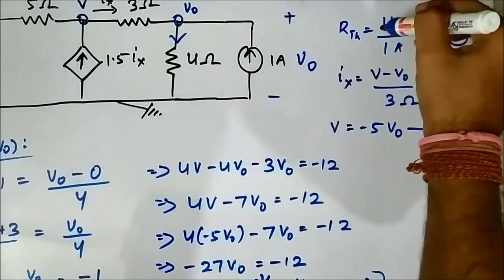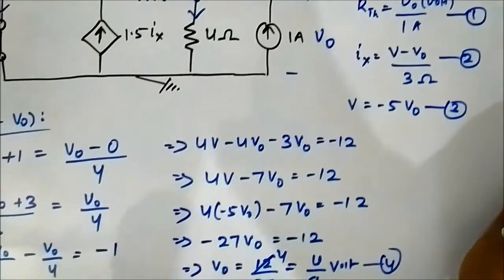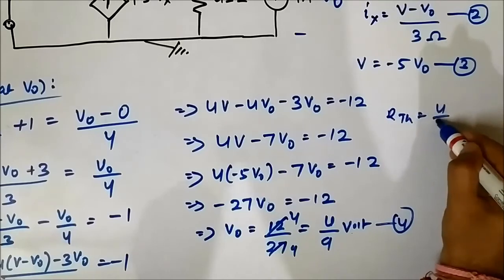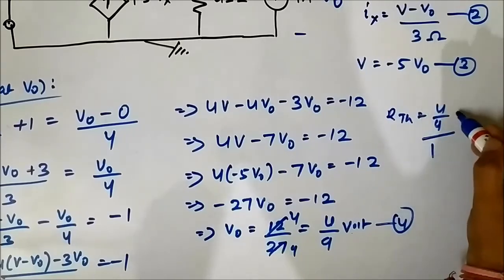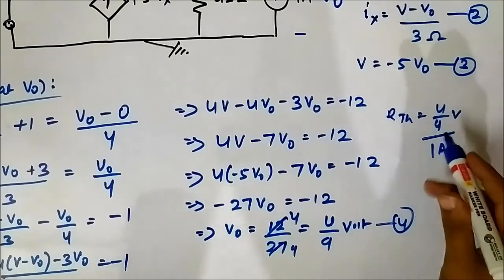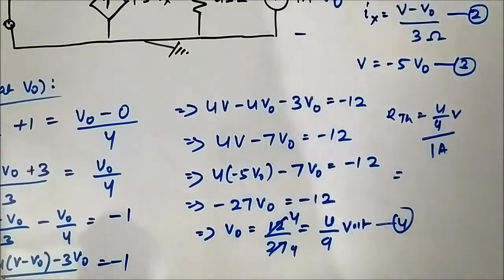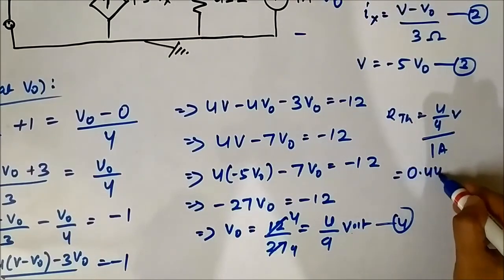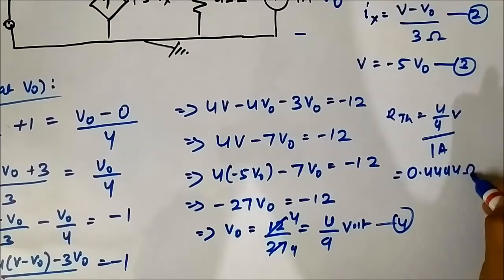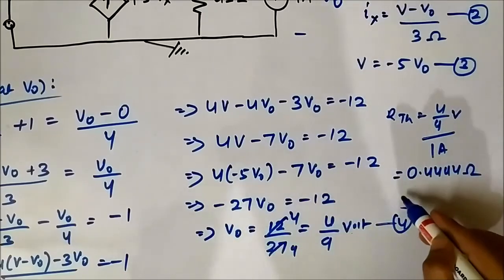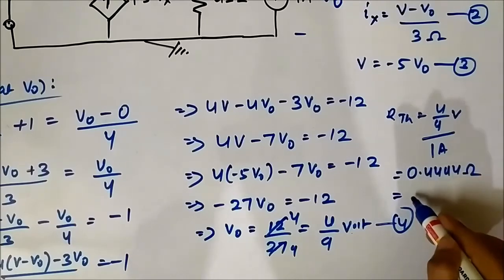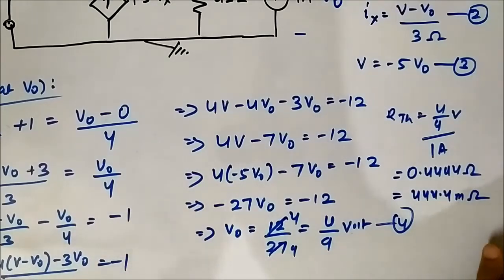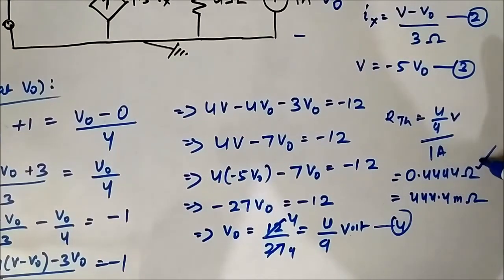So RTH will be 4 by 9 volt by 1 ampere, which is equal to 0.4444 something ohm, or we can write it as 444.4 milliohms. This is the value of RTH.